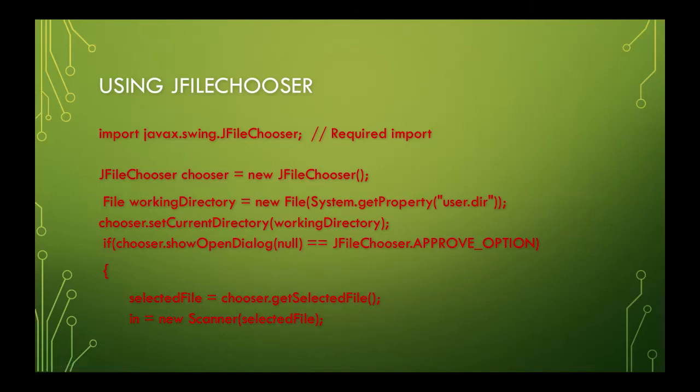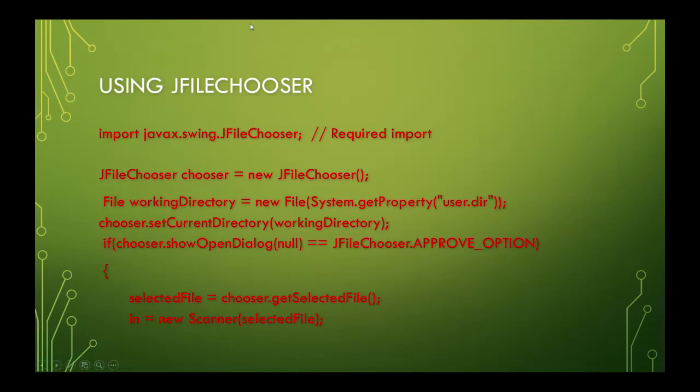That was going to return a symbolic constant value which tells us what the user did. And there's really two things here. The user can go ahead and approve, that is to pick a file, which is what this is testing for, or they can cancel the dialog. If they cancel the dialog, this will be false and there won't be any selected file.